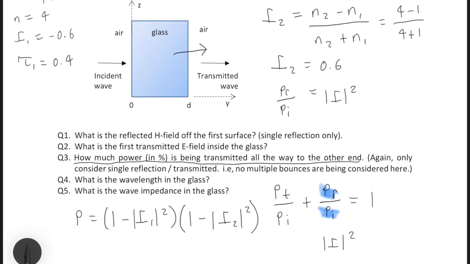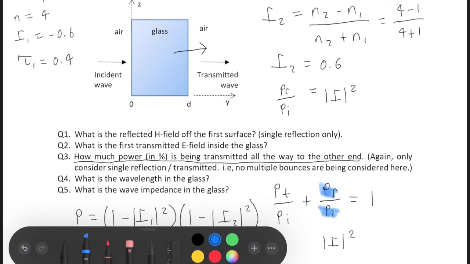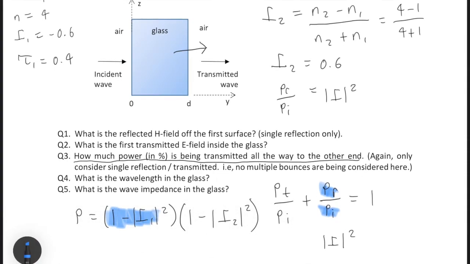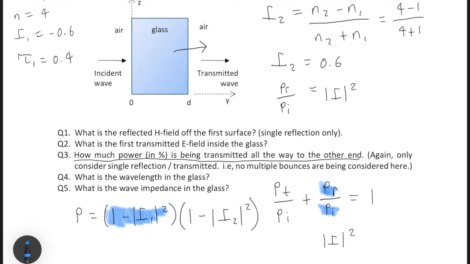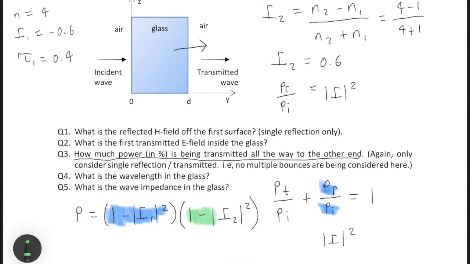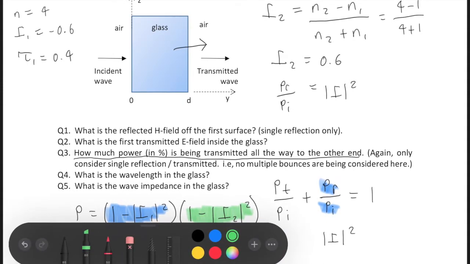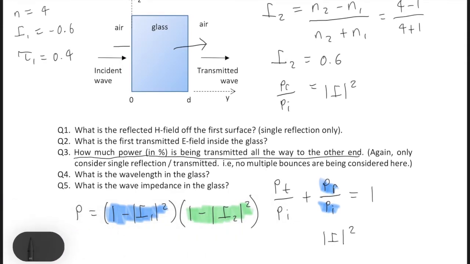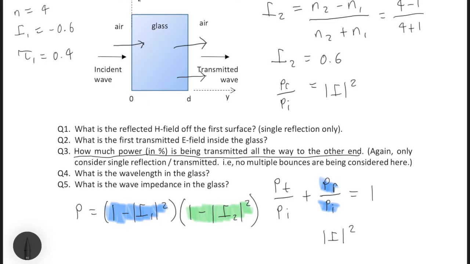And what this tells us is the amount of power transmitted going from the air to the block for this one. And the second one will tell us the amount of power transmitted from the block to the air. So the wave goes through air to the glass and then glass to air. So that's why we have two of these multiplied together.